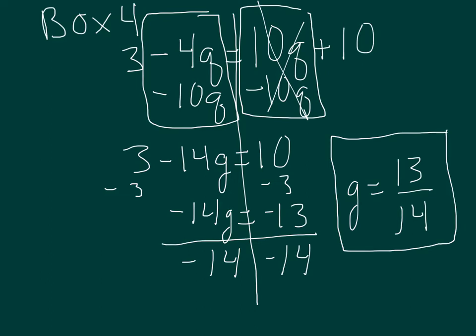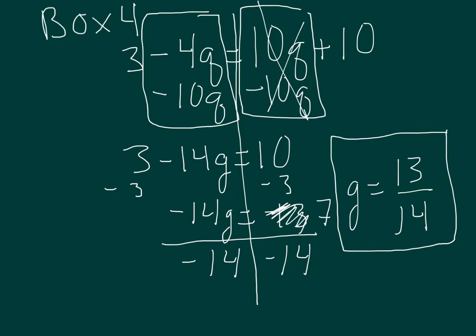And I noticed I just made a mistake. Pretty simple one. So let's fix that mistake. It should have been a 10 minus 3 is not 13, it's 7. Pretty simple.